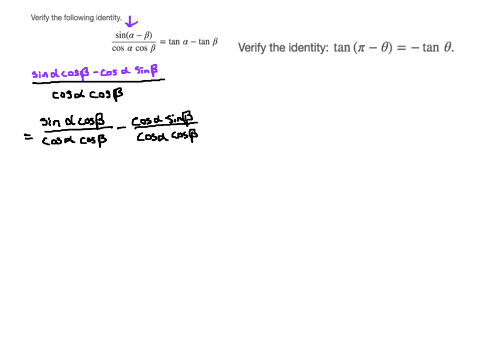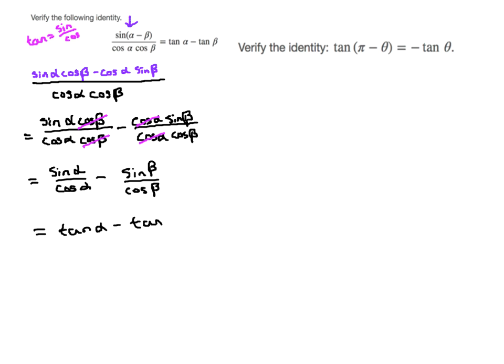And now I've got some common factors that I can divide out: cosine beta divided by cosine beta and cosine alpha divided by cosine alpha. Don't forget that the tangent is equal to the sine over the cosine. So here I have sine alpha divided by cosine alpha minus sine beta divided by cosine beta. That's the equivalent of tangent alpha minus tangent beta.